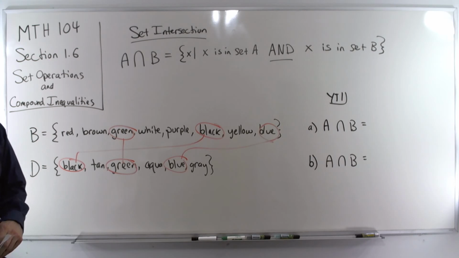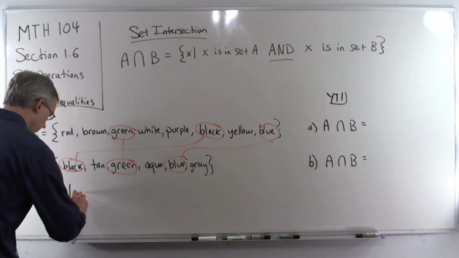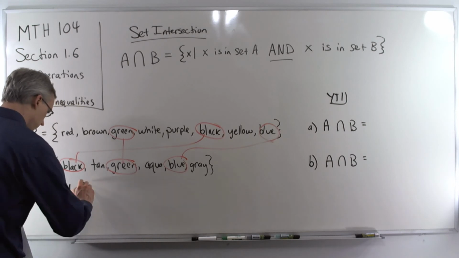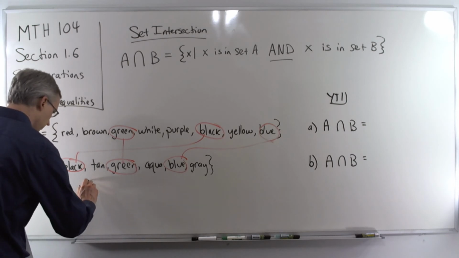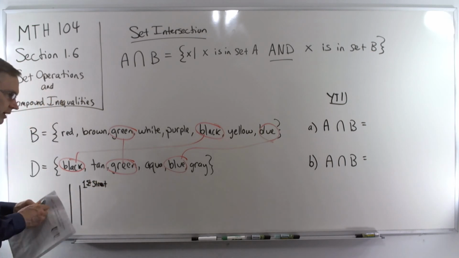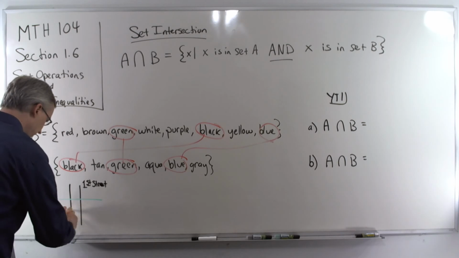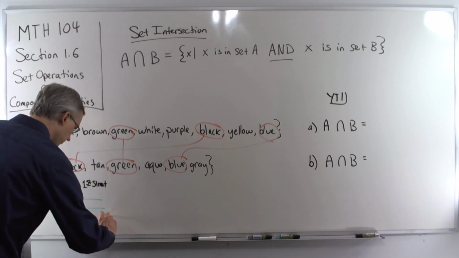Another way to think about intersections is the intersections of two roads. So there's First Street, and then coming the other way, here's Second Avenue.